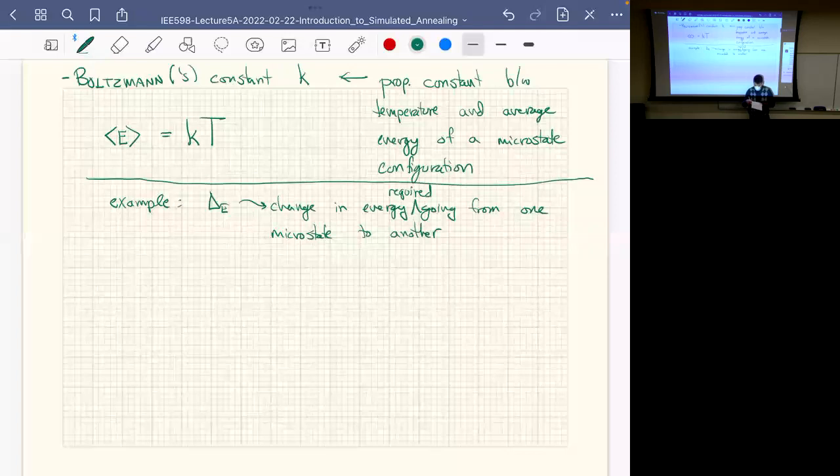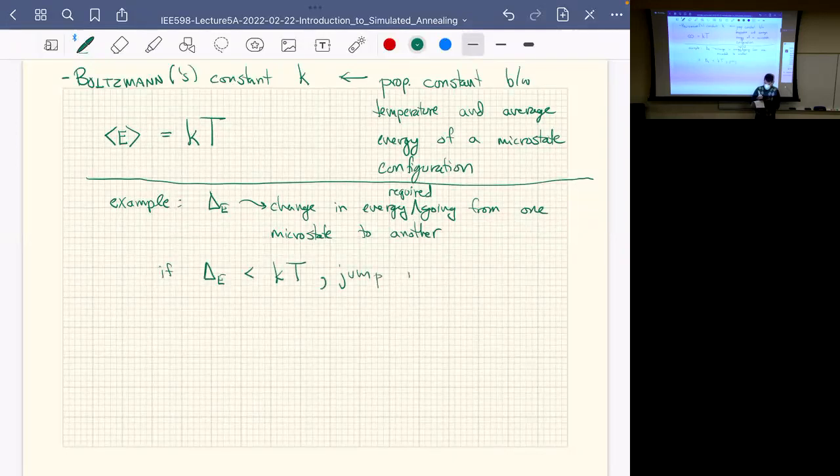Then the idea here is that if delta E is far less than KT, then jump is likely. And otherwise, if delta E is greater than KT, jump is unlikely.